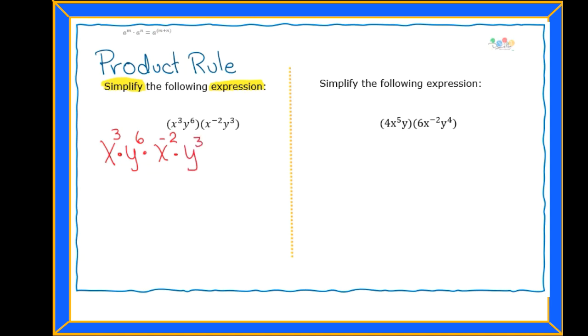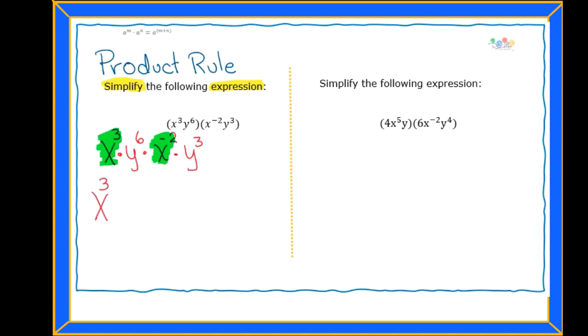And remember, you can only apply the rule for those terms with the same base. So for example, I can apply the rule for this one and this one, because both of them have x's. Is that right? So I'm going to ask you to rewrite it.